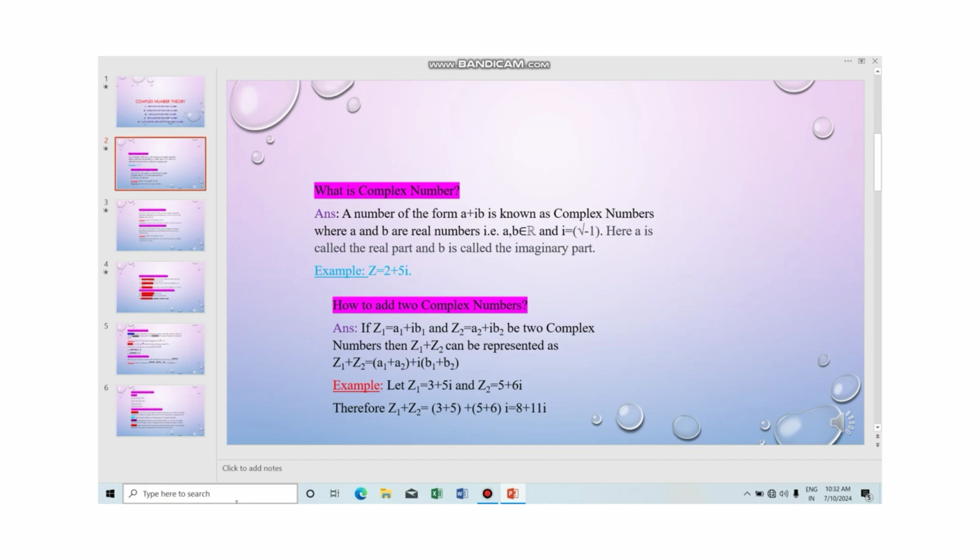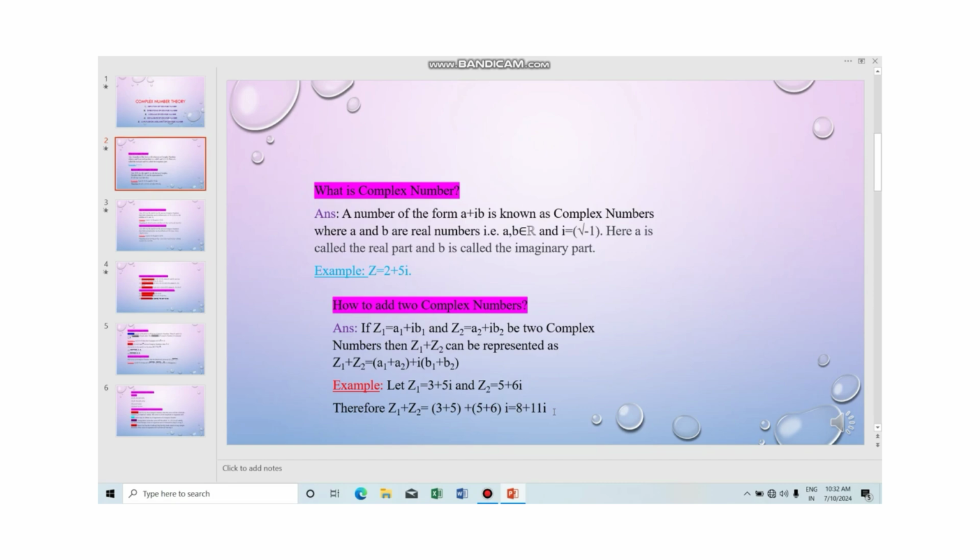Here is an example. z1 equals 3 plus 5i and z2 equals 5 plus 6i. Therefore, z1 plus z2 equals 3 plus 5 plus 5 plus 6 into i, equal to 8 plus 11i.